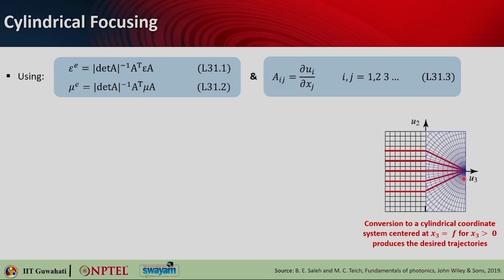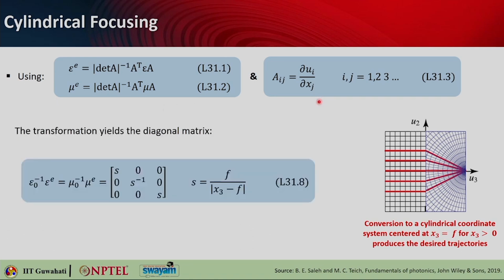Now, once the coordinate transformation is fixed, you know how to obtain your values of epsilon e and mu e. They can be found using this formula. So you do the calculation again in the same manner, and you will be able to find out what this matrix is. They are again diagonal matrices.